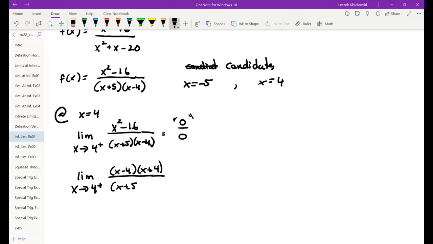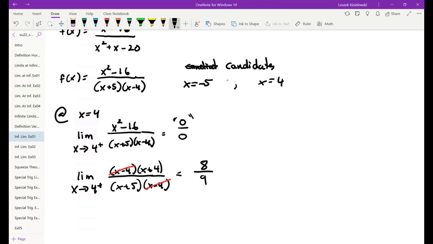So that factors into a product of conjugates. Okay, so we have a cancellation. The x minus 4s cancel. And now we can evaluate directly. We get 8 in the numerator, and then we get 9 in the denominator. So that's not an infinite limit.